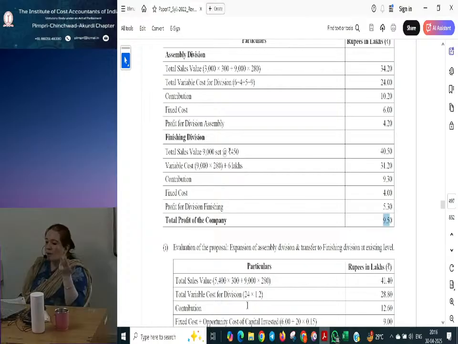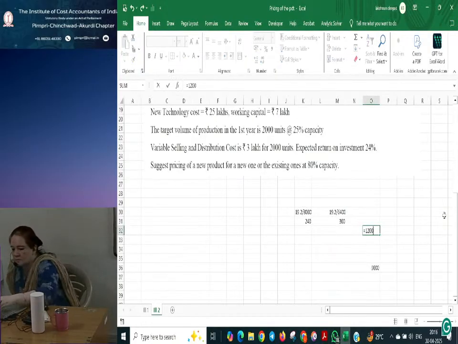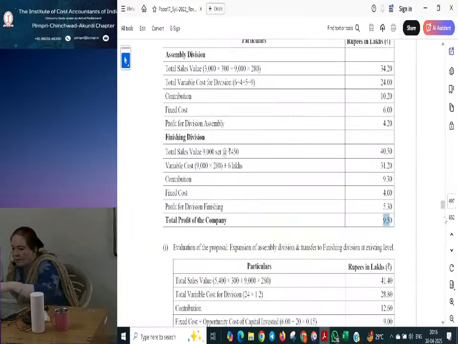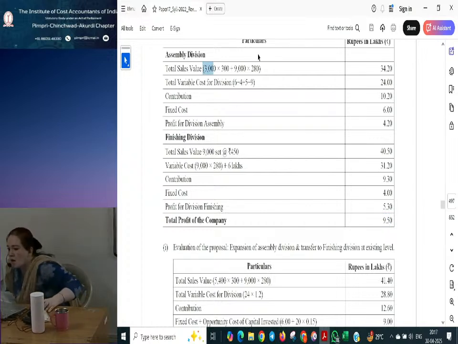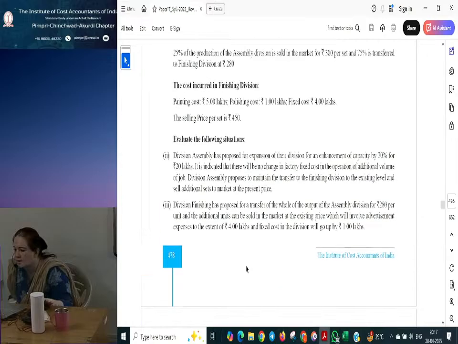If that goes up by 20%, that is 1 by 5 of 12,000, which is 2,400. Already 3,000 parts are being sold out at the assembly level itself. So now it will be 3,000 plus 2,400, 5,400 sold out, and the same 9,000 sets are going to be transferred.